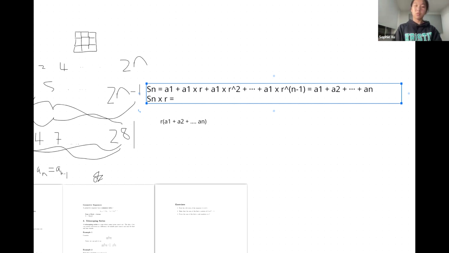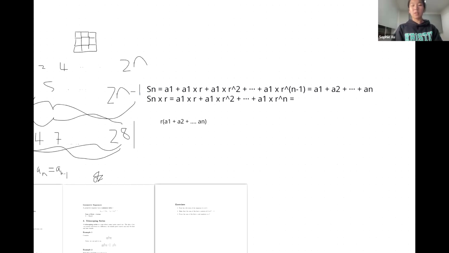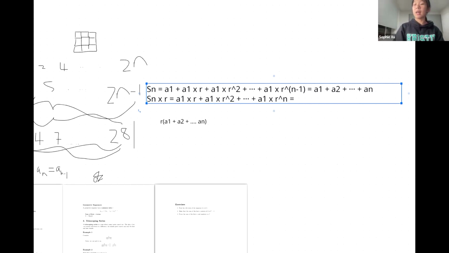But it's also equal to something else, because this turns into a2, this turns into a3, and this turns into an plus 1. So this is also equal to a2 plus a3 all the way to an plus 1, right?